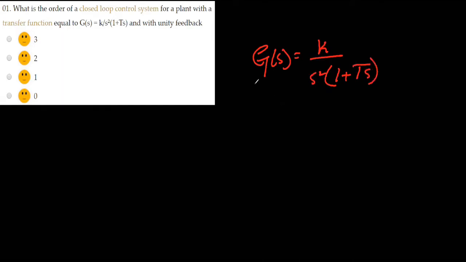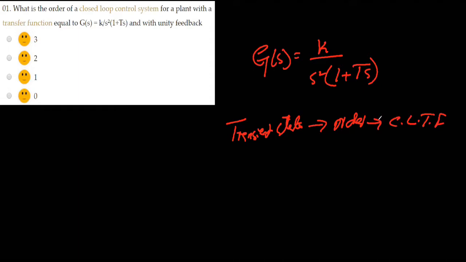Every transfer function in a control system has specific types and orders. The transient state depends on the order of the control system, and this order is obtained from the closed loop transfer function.